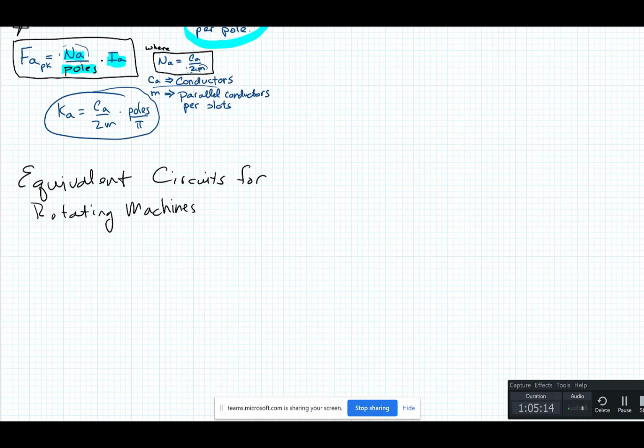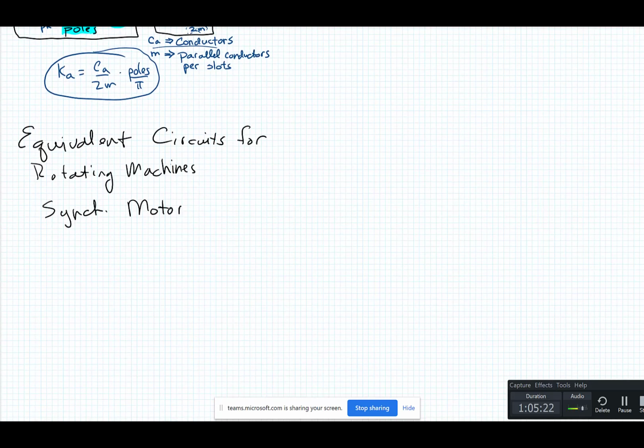Remember the synchronous machine. Let's talk about the synchronous motor. In the synchronous motor, you apply a voltage, VA. There's a synchronous reactance, which is the armature reaction effect.